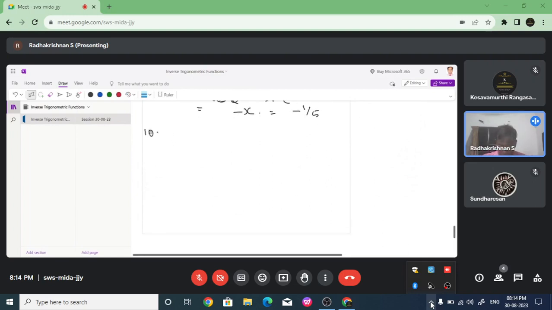Let's go to the next problem. Tan inverse of 1 by 4 plus tan inverse of 2 by 9. Determine this value. So for this there is an identity given.